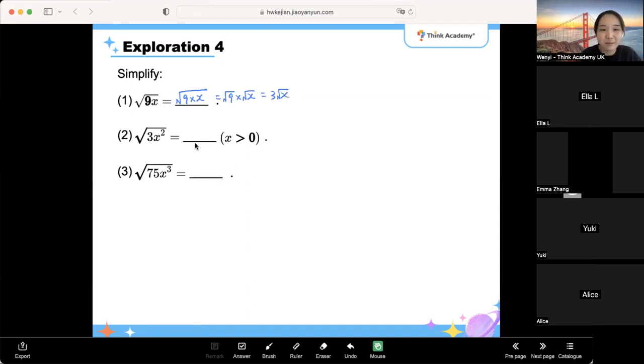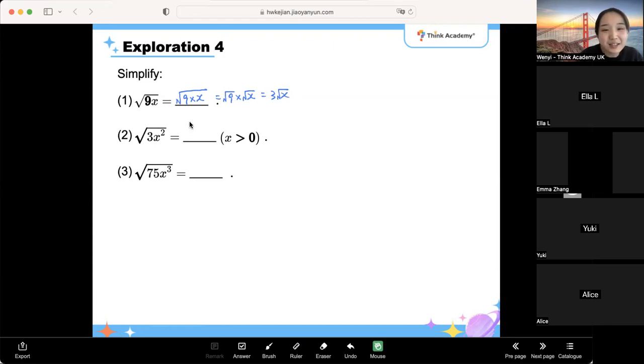Yes, excellent job. Then for the second one, we have root 3x to the power of 2. What can we do? Yes, I can already see many correct answers. Seems like this lesson is very easy for you.